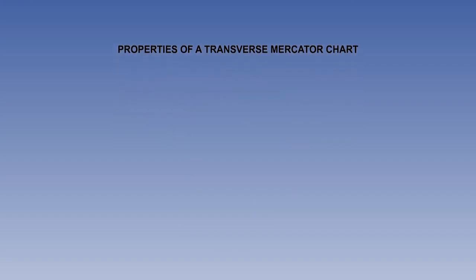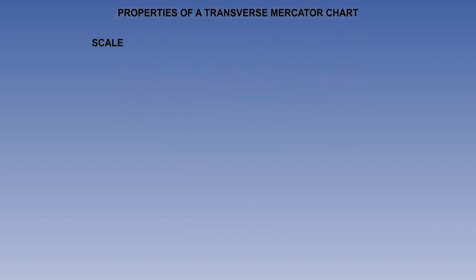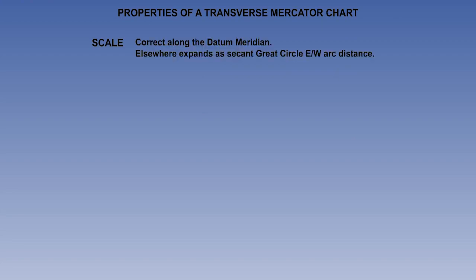So let's summarize these properties. We looked at scale. It's correct along the datum meridian. Elsewhere, it expands as the secant of the great circle arc distance in the east-west direction. The chart is orthomorphic. It follows Mercator's rules for construction of the graticule.